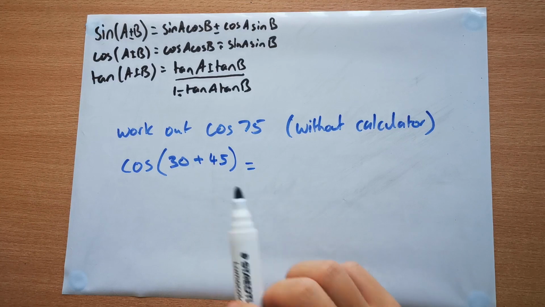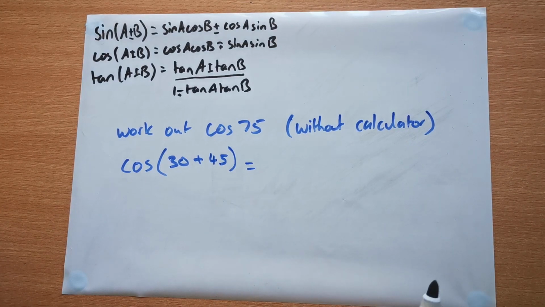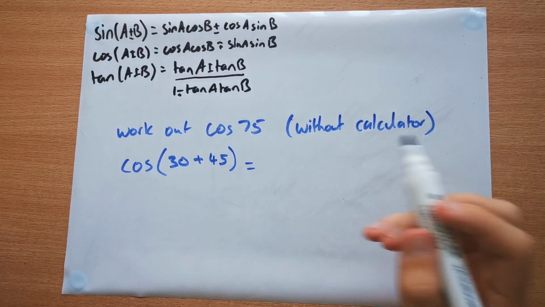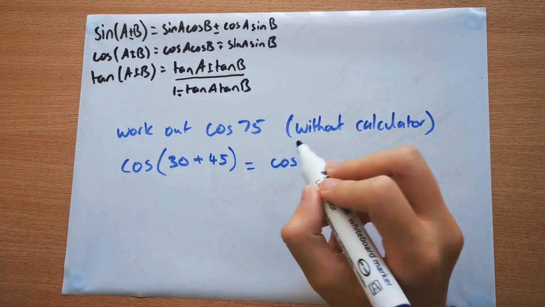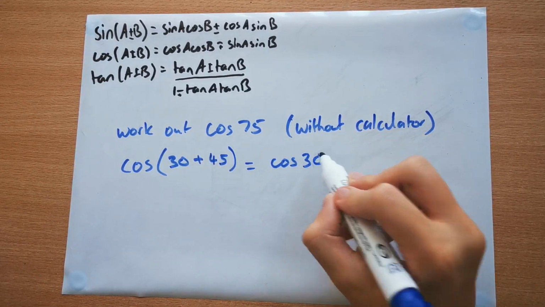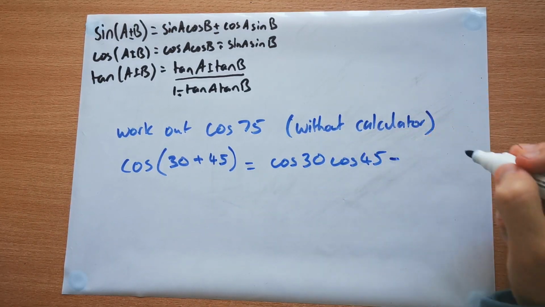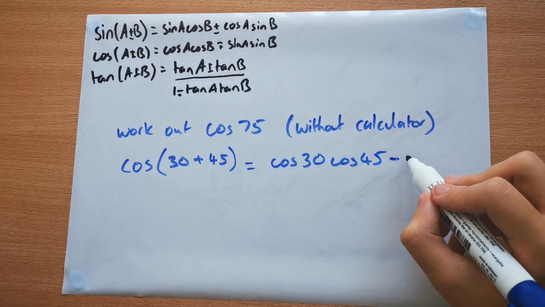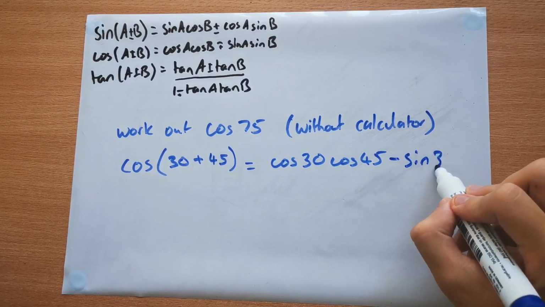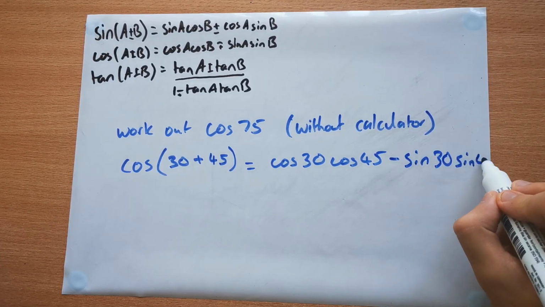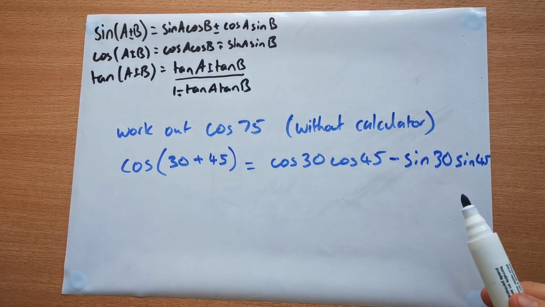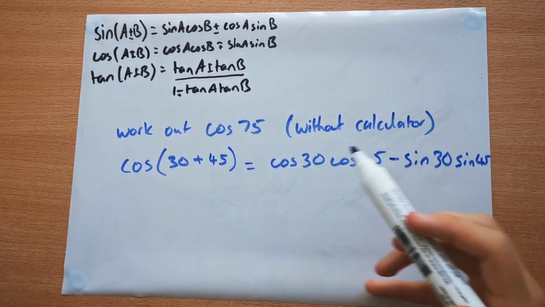And if you were to type in cos 45, you would get 1 over root 2. So we can rewrite this as cos 30 cos 45 minus sine 30 sine 45. So on the old course you just have to know these.